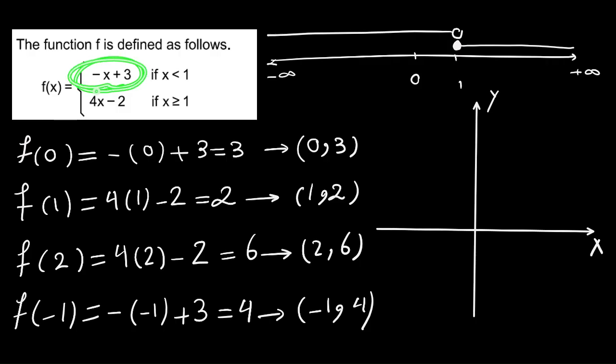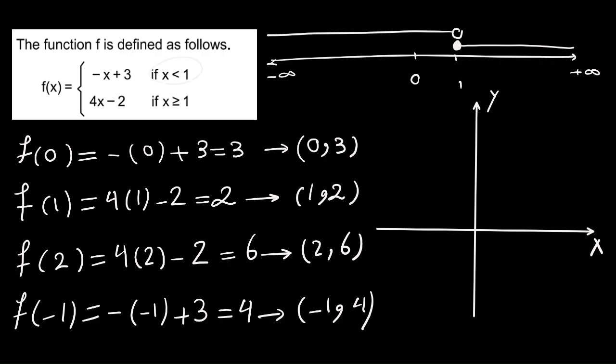This is a line. Why? Because the exponent of x is 1 and also the exponent of y is 1. So this is a linear function. We know that we are able to sketch the graph of a linear function with just 2 points on the graph of the function.